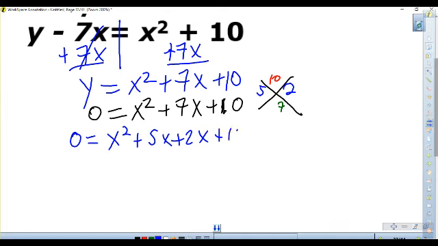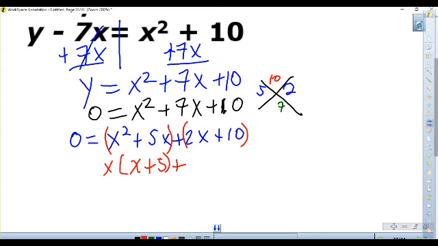Allie, okay, faster, put the parentheses. And then it's x plus 2. Oh, you're on the other one, 5.